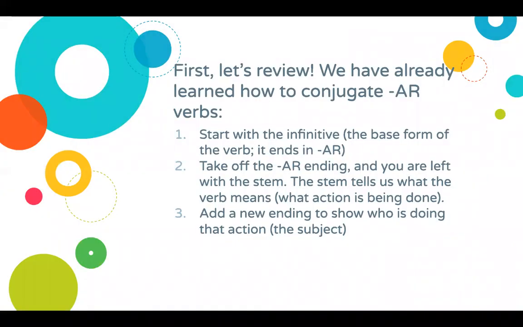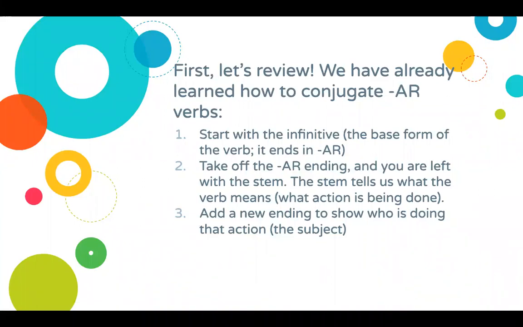But first, let's review. We have already learned how to conjugate AR verbs, and those steps go as follows. 1, start with the infinitive, which is the base form of the verb. It's the one that ends in AR.